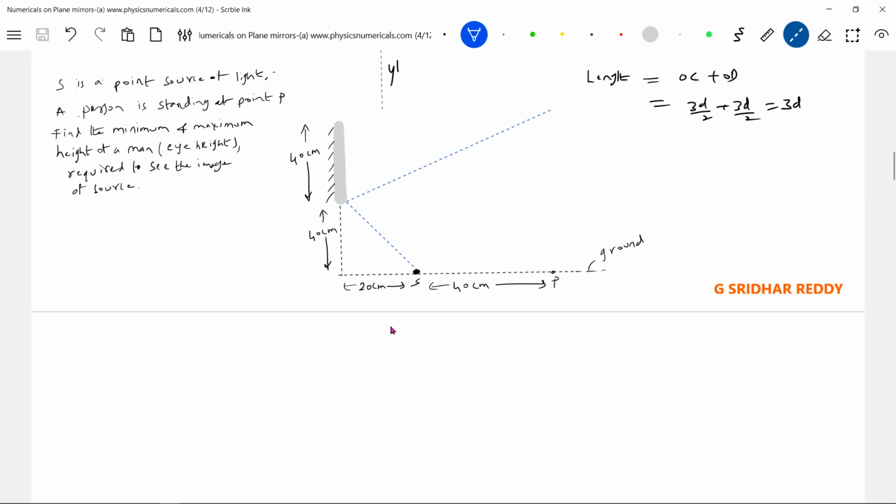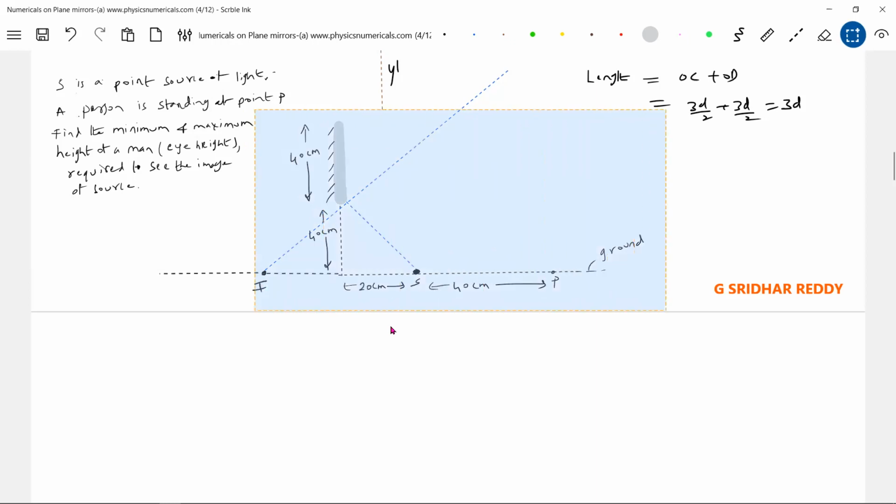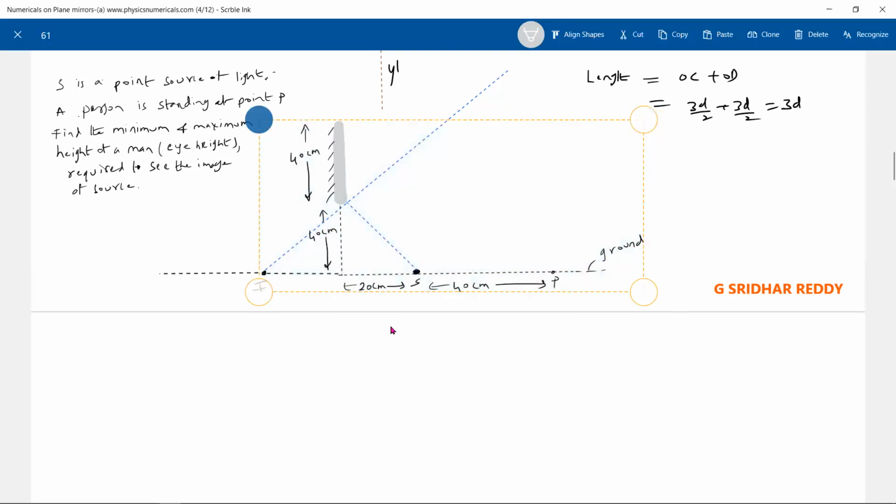First, let me locate the position of the image. Object distance should be equal to image distance. This S will correspond to the image. Okay, now let me shift this diagram to the next part.